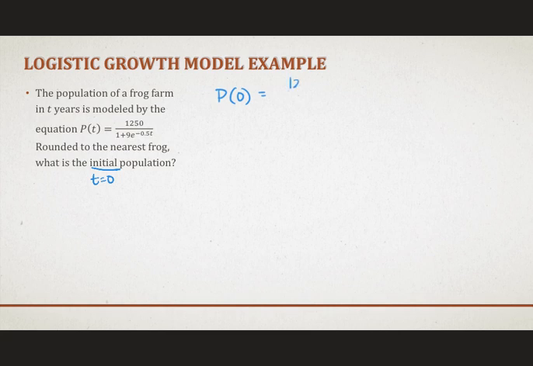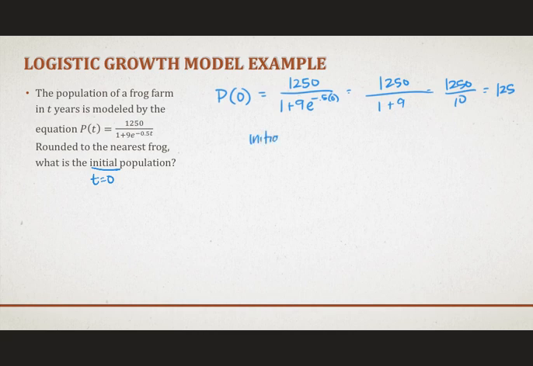So I've got 1,250 divided by 1 plus 9e to the negative 0.5 times 0. So I have 1250 over 1 plus 9, which is going to be 1250 divided by 10. So we started with 125 frogs.